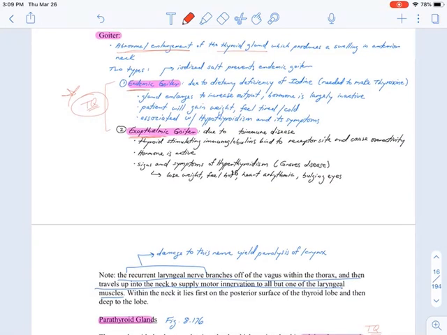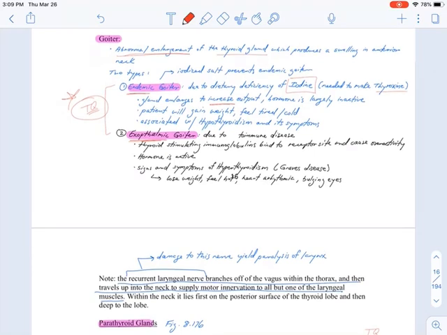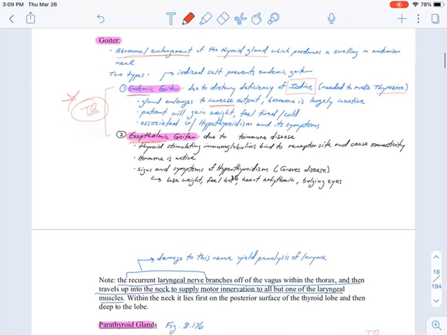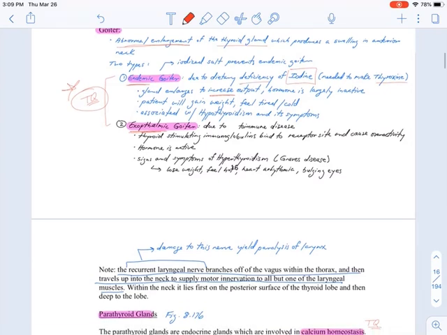So your endemic is linked to an iodine deficiency. Because your iodine is needed to make thyroxine, the gland will enlarge. It enlarges to hopefully increase that output, even though it's already kind of being inactive because of its deficiency.